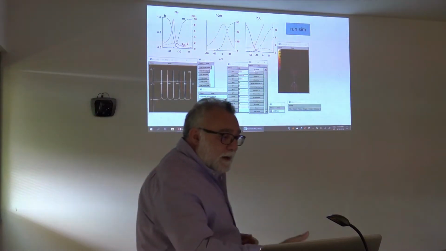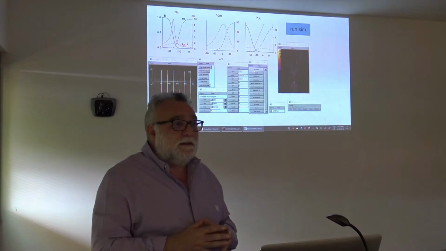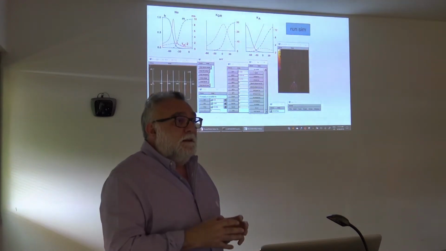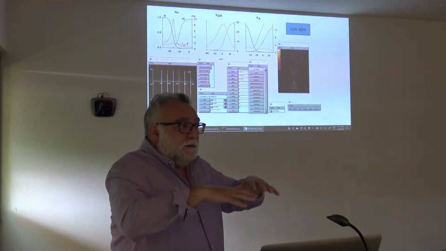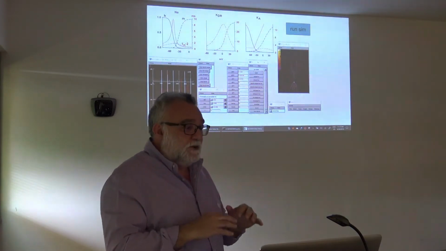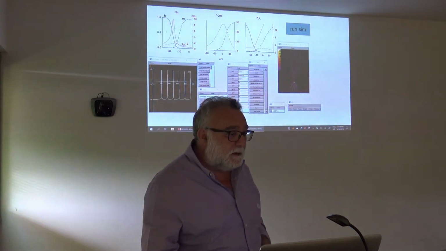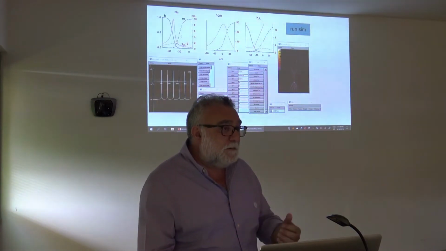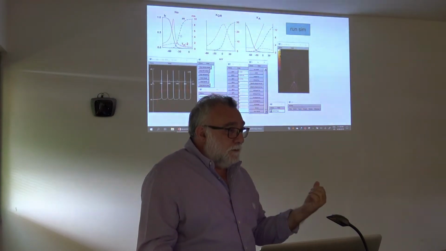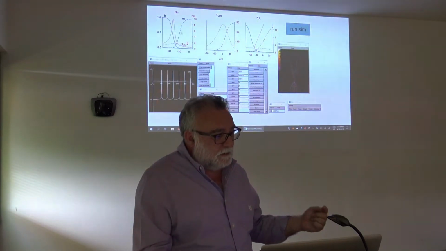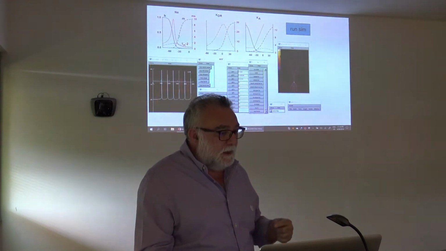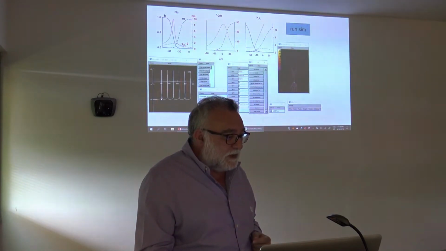So the only way to do this is to assume that in these neurons, their channel kinetics are shifted, okay? And when I say shifted, I mean that we take everything and we shift it, in this case, to the positive side, in such a way that the threshold now can be up.